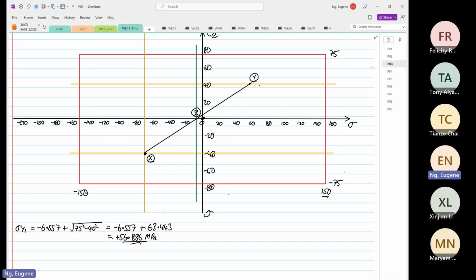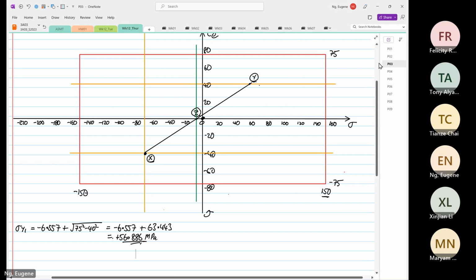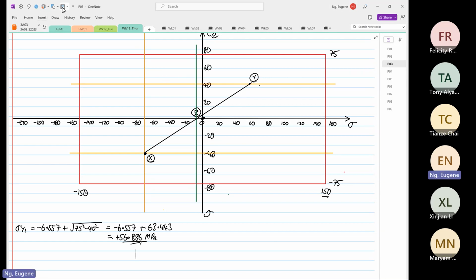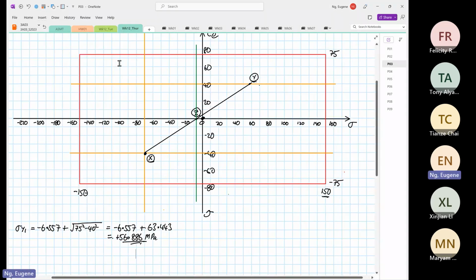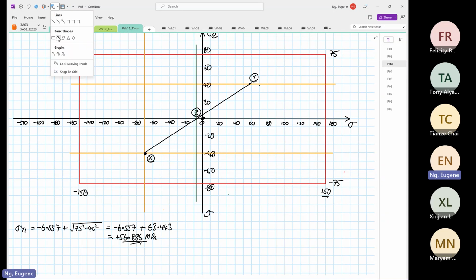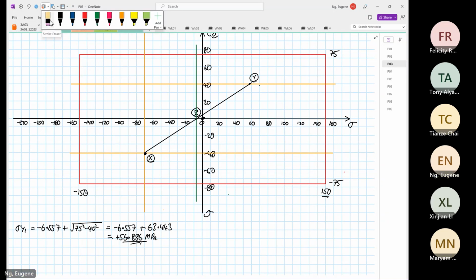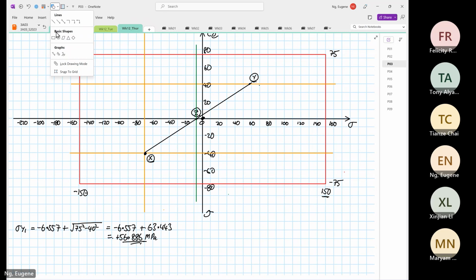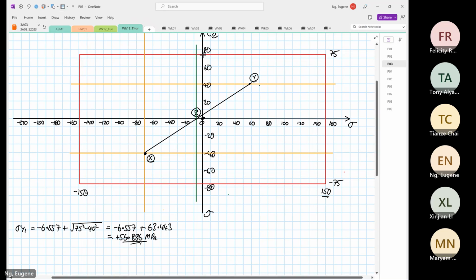So how do you know that this circle now will work? Now we have to construct the 3D Mohr circle. You cannot just leave it and say it will work. No, you have to construct the 3D Mohr circle. So now, as I said, I'm just sizing this.